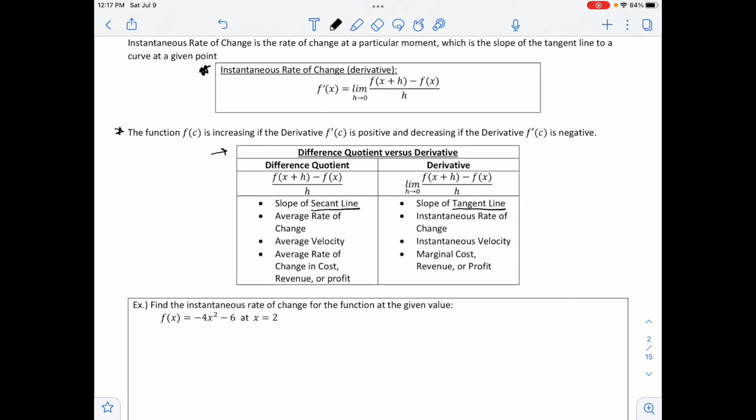It's average rate of change versus instantaneous rate of change, average velocity versus instantaneous velocity, and in economics, average rate of change of cost, revenue, or profit versus marginal cost, marginal revenue, or marginal profit. That word marginal means taking a derivative, whereas the average rate of change is just our slope. So this would be our algebra method, and this over here would be our calculus method.